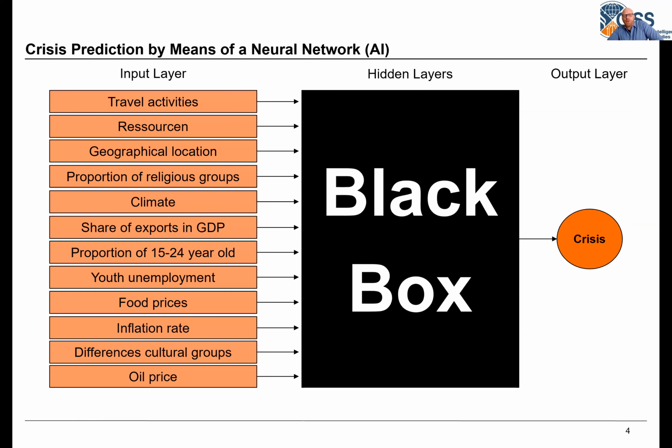But a neural network does not answer the question of how it comes to this point. You put something in, you see it on the left in the box, and something comes out of the box, a good prediction, and how the algorithm is working is like a black box.